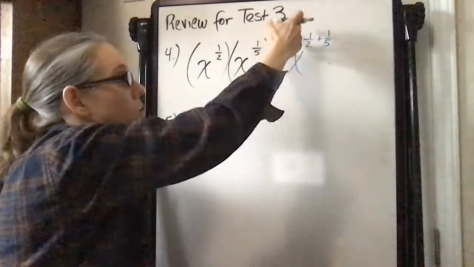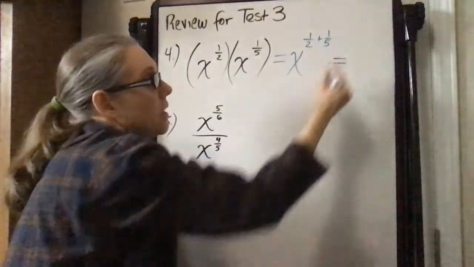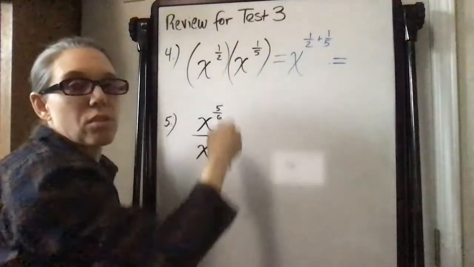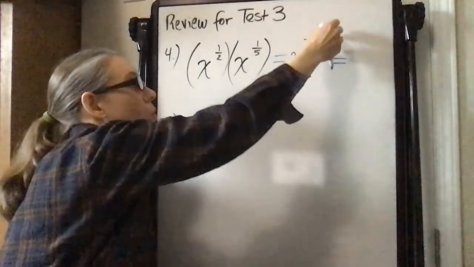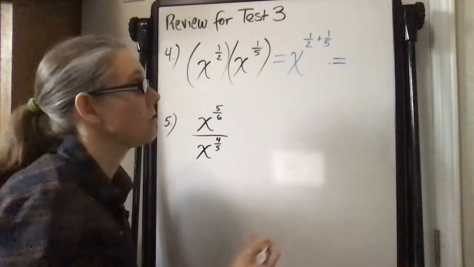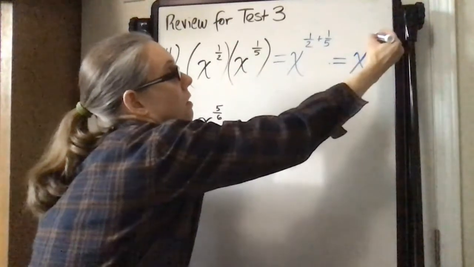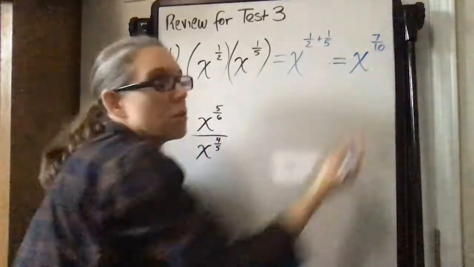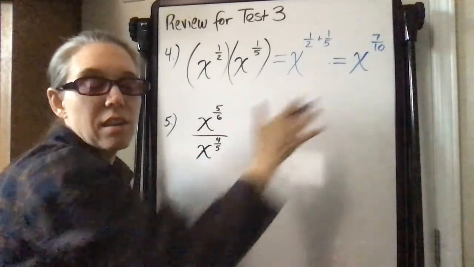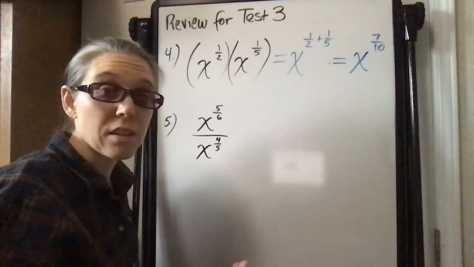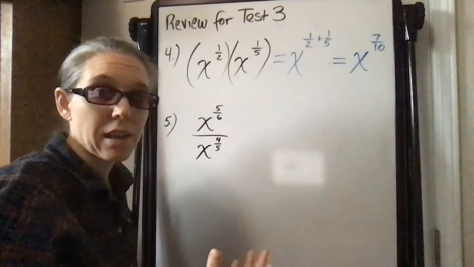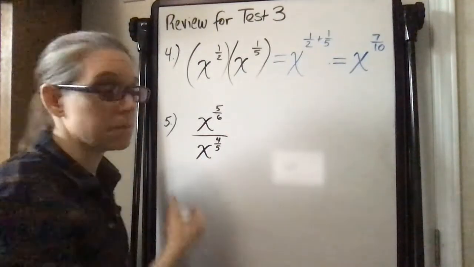In order to combine these, you need common denominators. 1/2 is the same as 5/10, and 1/5 is the same as 2/10. So 5/10 and 2/10 is 7/10. Your answer online would be x to the 7/10. Don't forget to use the preview button so that you can make sure your answer is in the correct format, and so you don't make any typo mistakes.